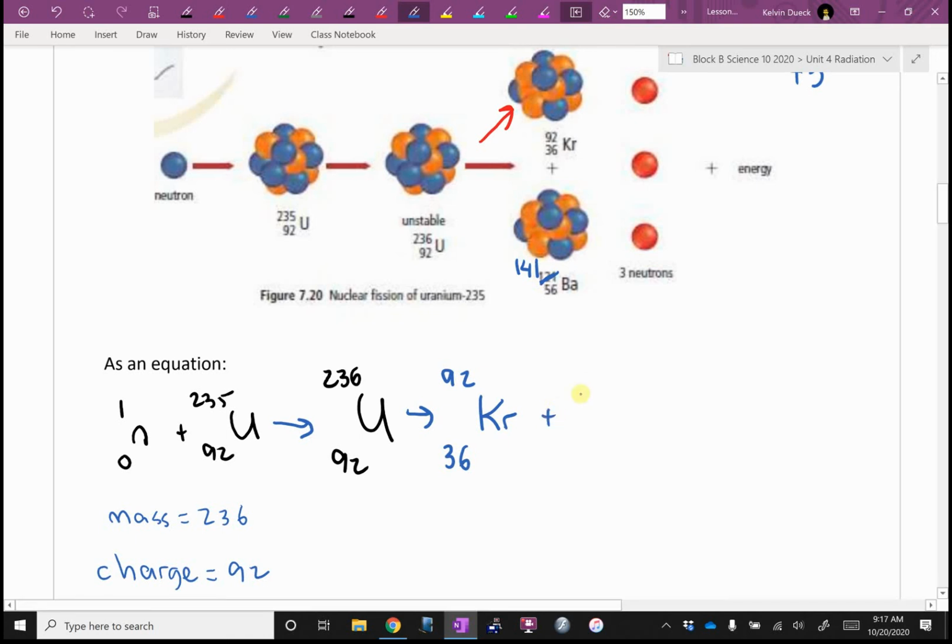And barium. Barium is element number 56. That's 238. What here, 236? Oh, I thought that's a 238. Nope, 236. Barium has a mass of 141.